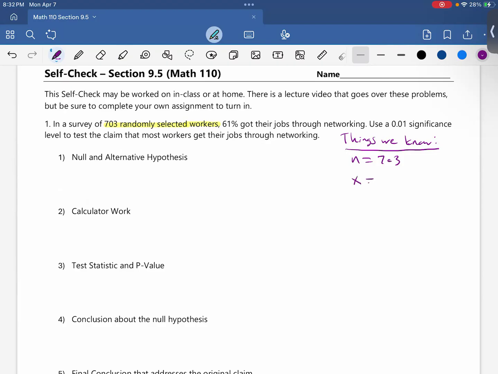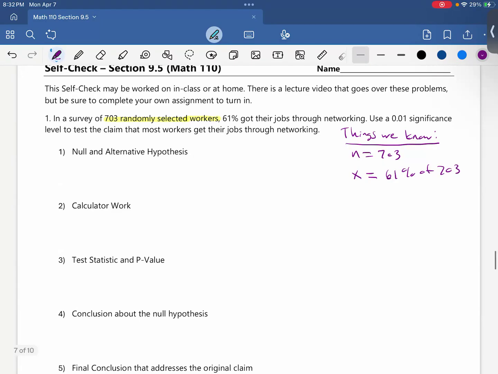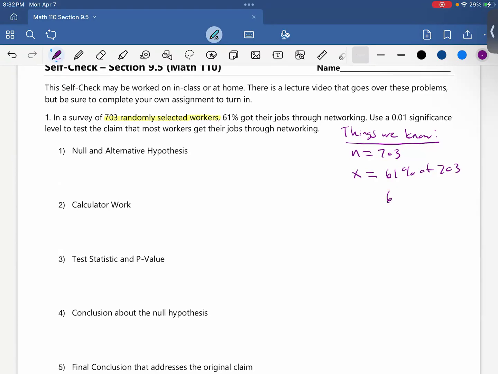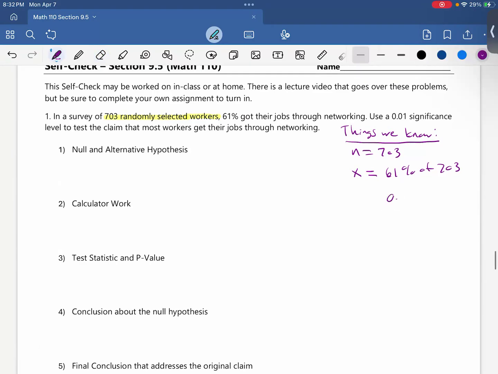We know X is going to be 61% of 703. So that means we have to multiply 0.61 times 703, and what we get is 429.